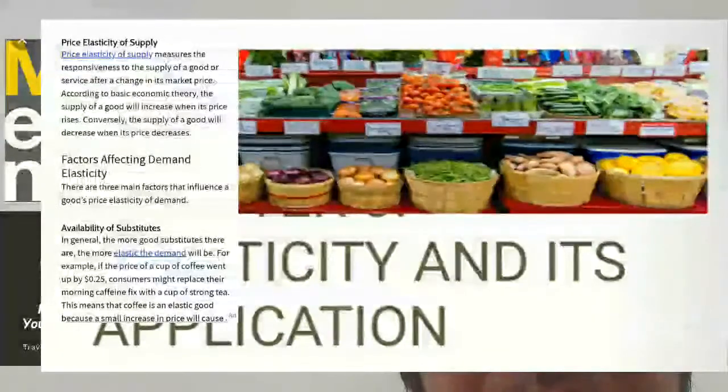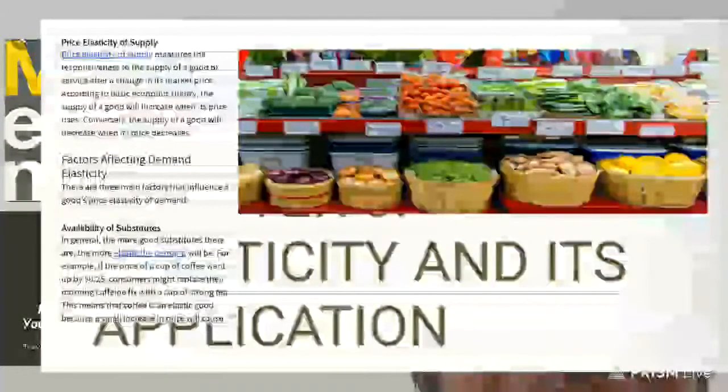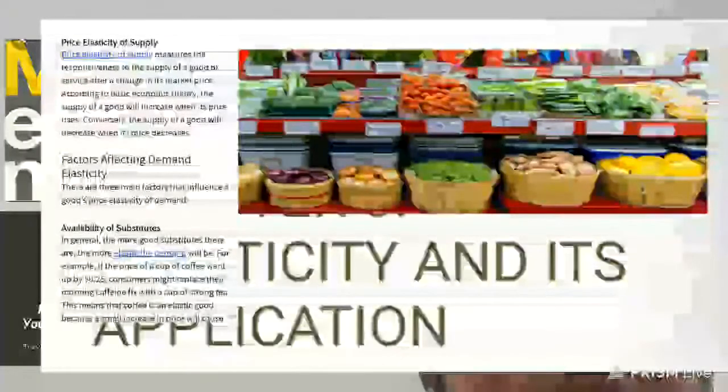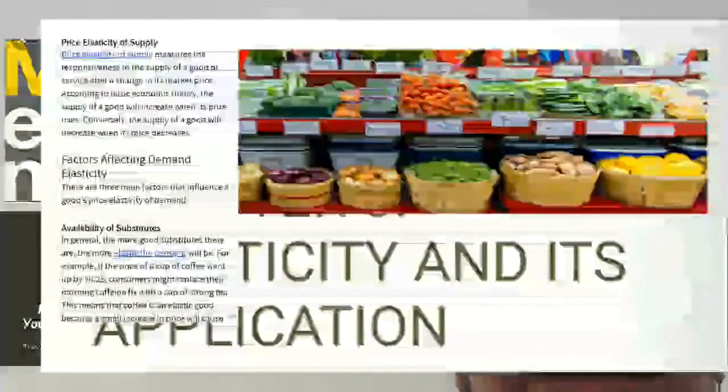So this means that coffee is an elastic good because a small increase in price will cause an increased reaction of the consumers towards the price. So dito magiging elastic siya kasi nga konting amount lang like 25 centavos, tumaas yung reaction ng mga tao. So it is considered to be elastic at this point.